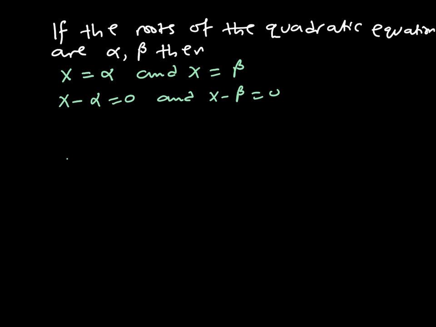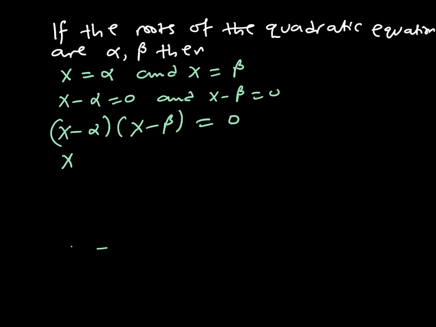Now, these are called the factors of the quadratic equation. And when we get the two factors and multiply them together, then we are going to get the quadratic equation.